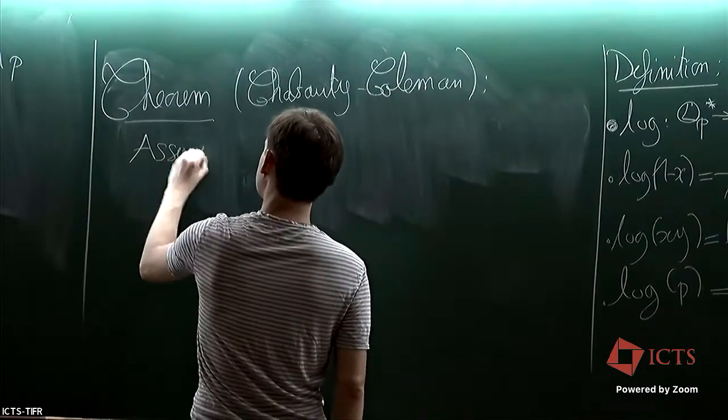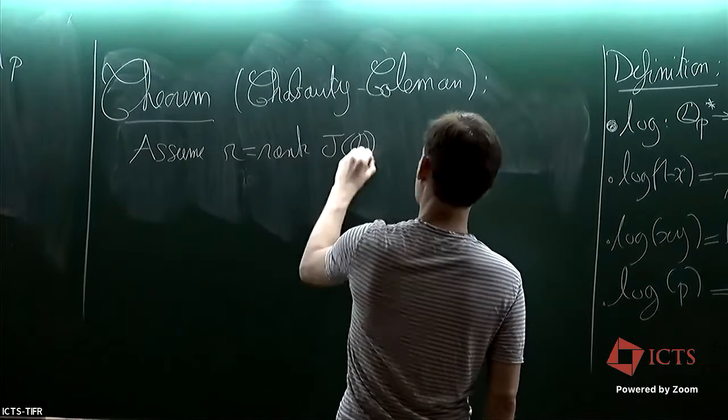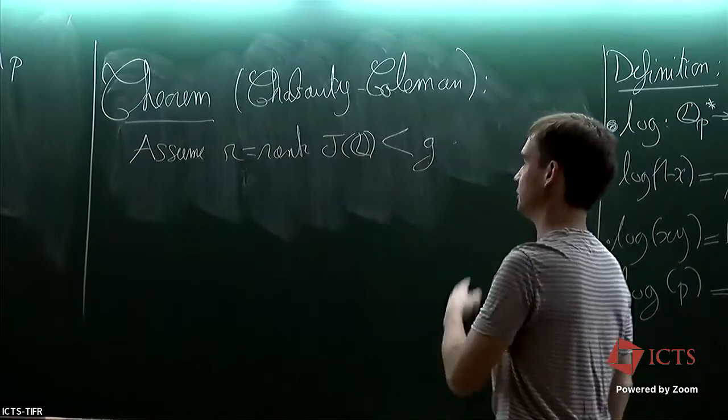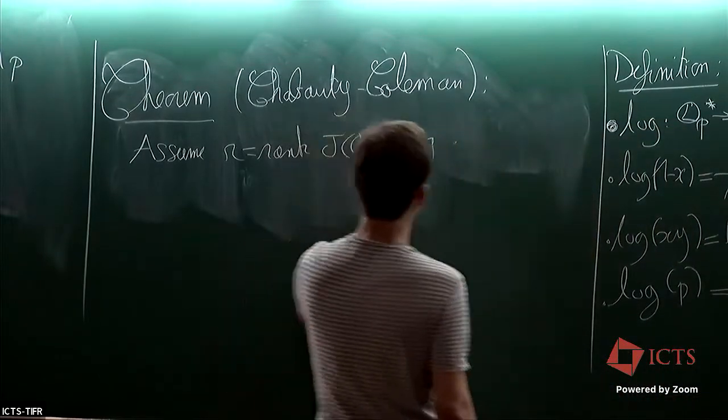So we assume that R, the rank of J(Q), is less than G, the genus of C. Then we have many things happening.